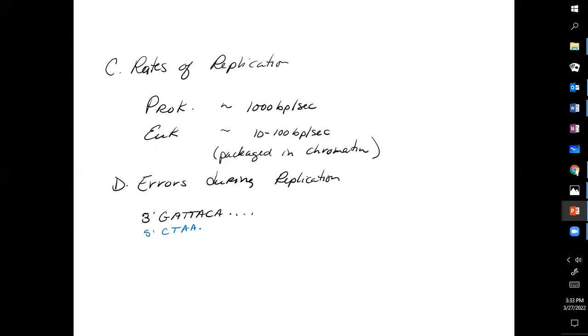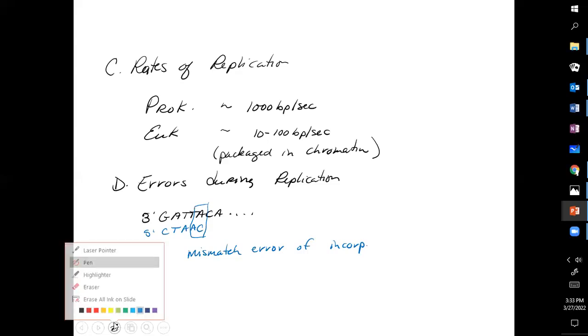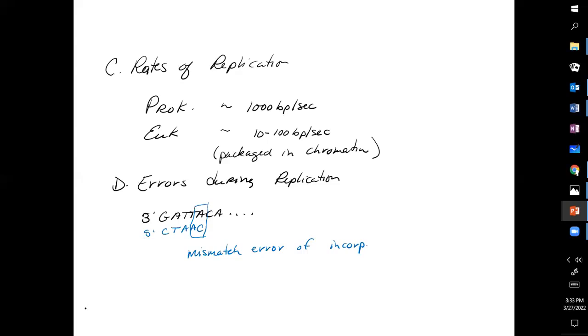And if that occurs, let's say it's a C, then what we have here is a mismatch. It's called a mismatch, error of incorporation. And it occurs with a reasonable frequency, so approximately every 1 in 10,000 base pairs.